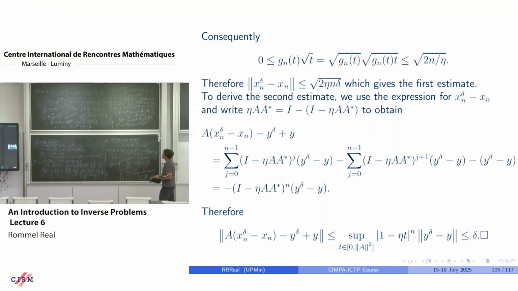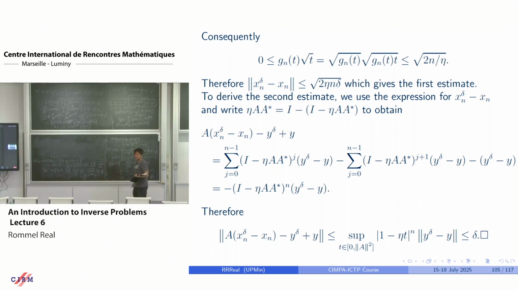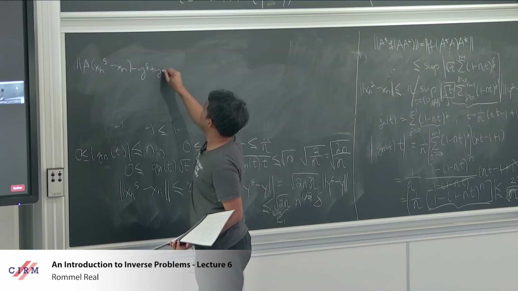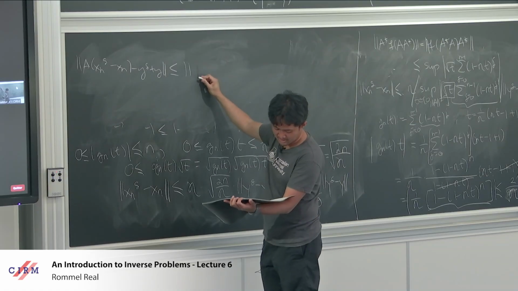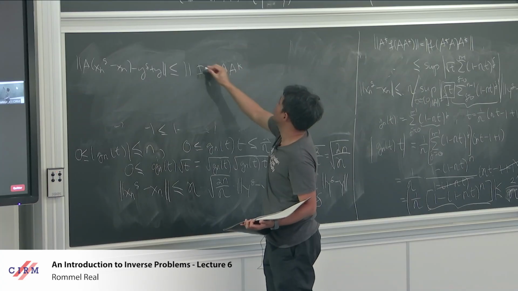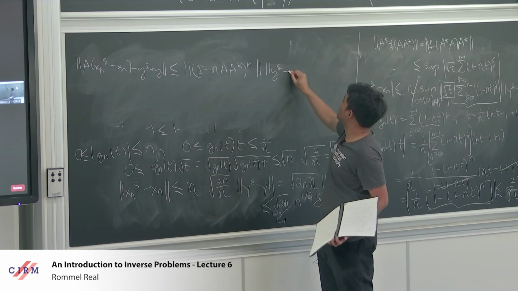Okay, and then from that one, you will get something like, that will be equal to, taking the norm on both sides, the norm of (I minus eta AA star) raised to n times the norm of y delta minus y.